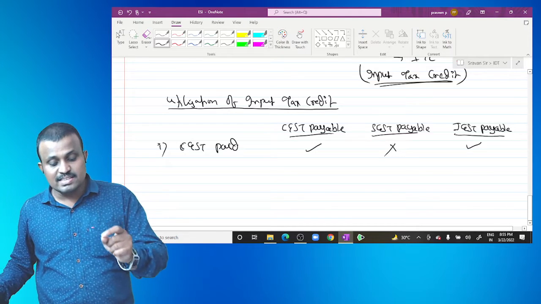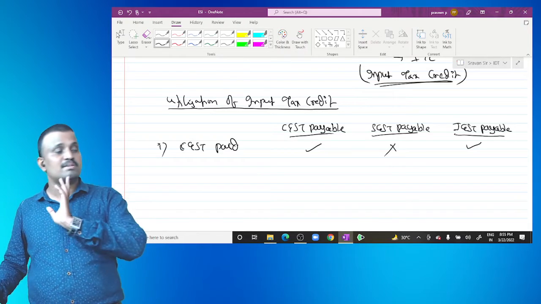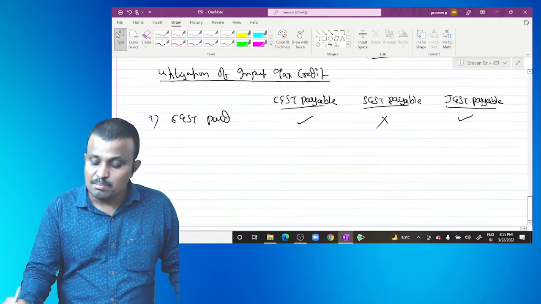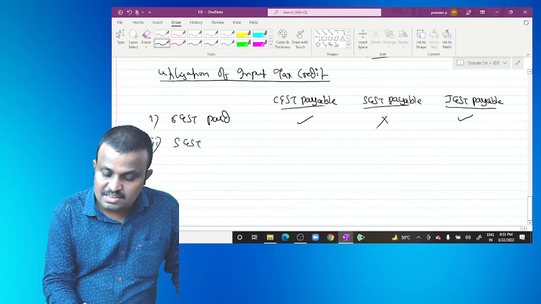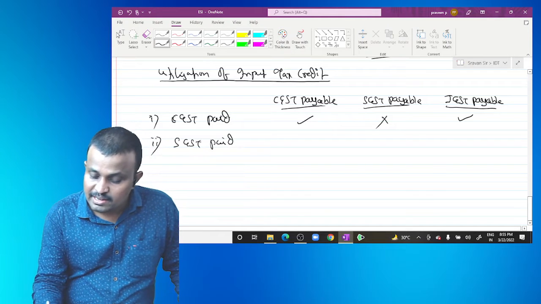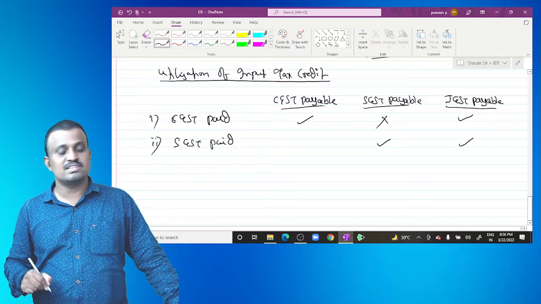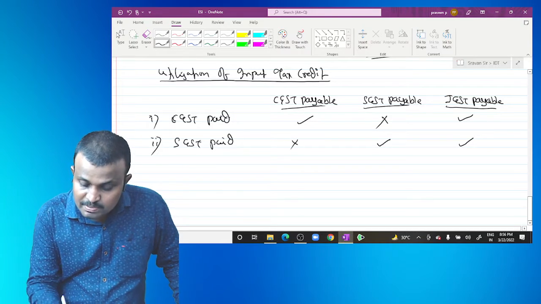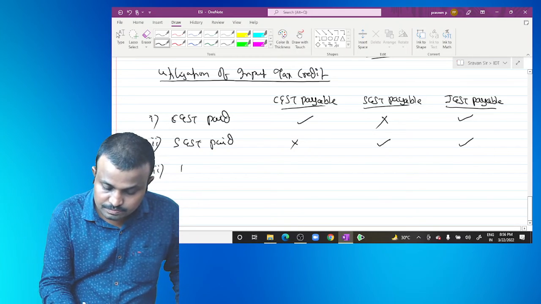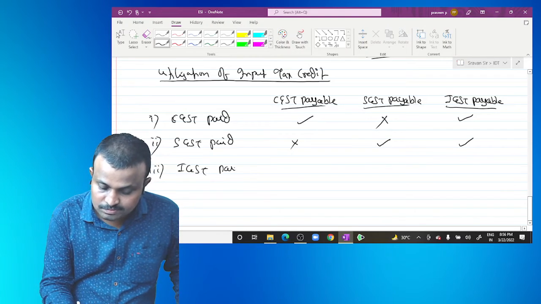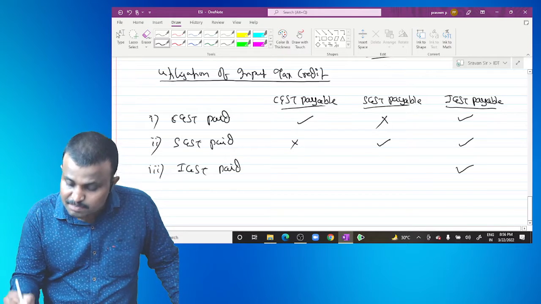So CGST paid can be adjusted against CGST payable, and later against IGST payable, but cannot be adjusted against SGST payable. In the same way, SGST paid can be adjusted against SGST payable, and any surplus can be adjusted against IGST, but cannot be adjusted against CGST. And third, IGST paid can be adjusted against IGST payable first.